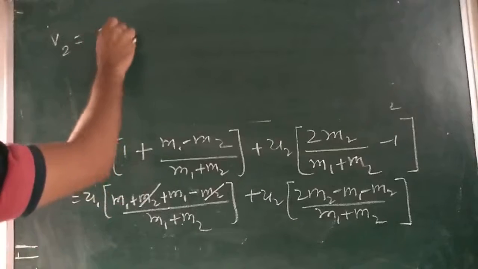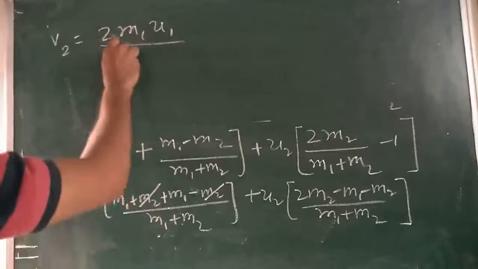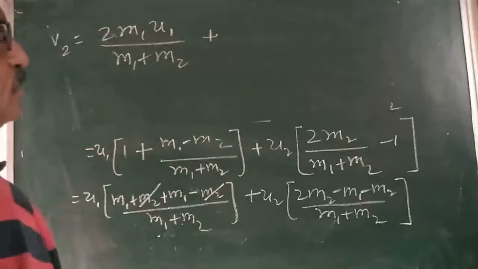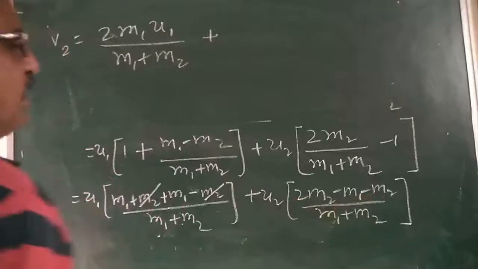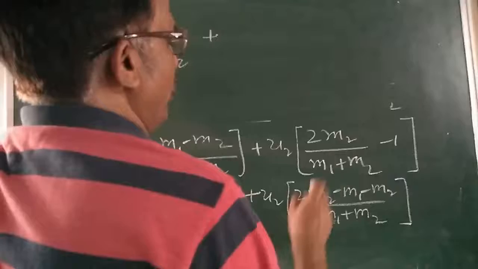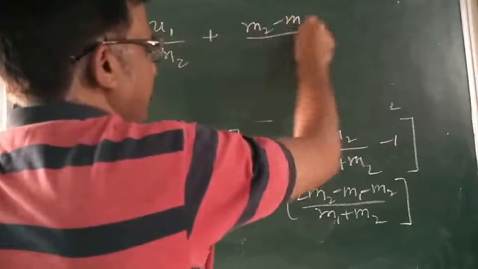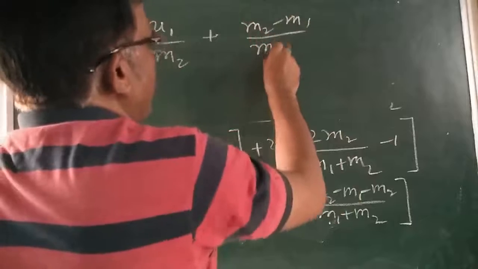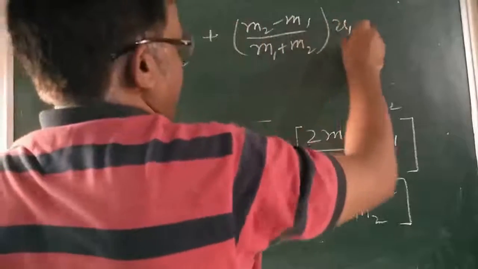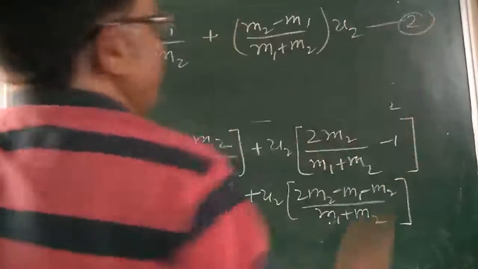So I can write twice of m1 u1 divided by m1 plus m2, plus 2m2 minus m2 is only m2 minus m1. So I can write m2 minus m1 divided by m1 plus m2 into u2. That is our equation number 2.